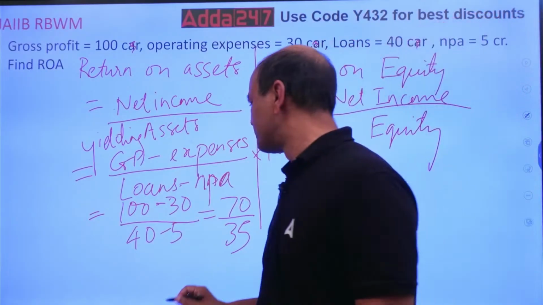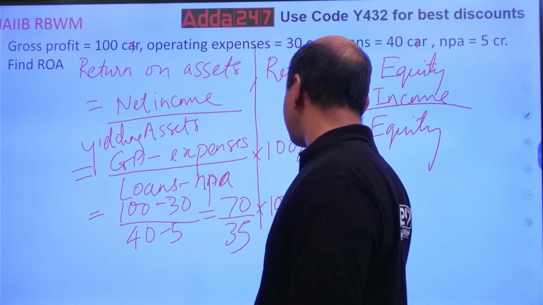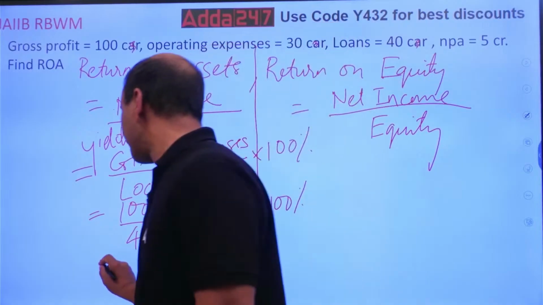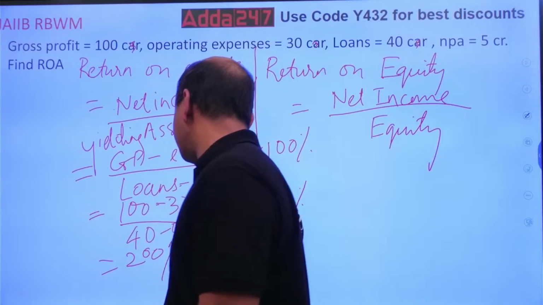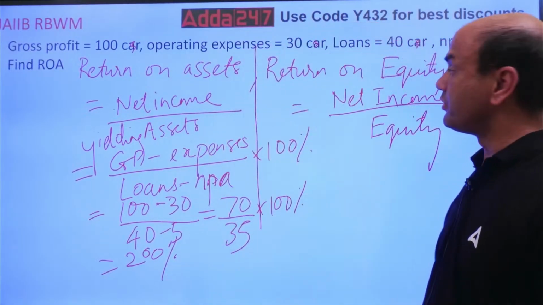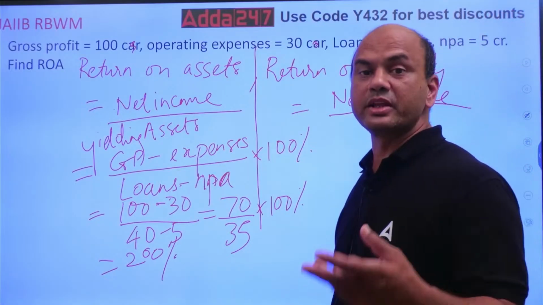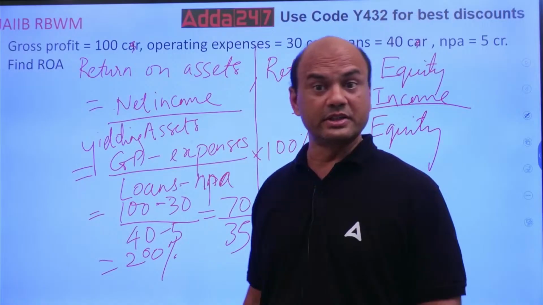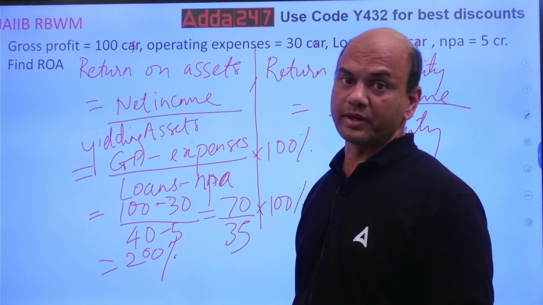So the answer is 2, into 100, so it is 200%. This is known as your ROA. If they want ROE, they'll have to give you shareholders' equity. Then you can find out ROE.